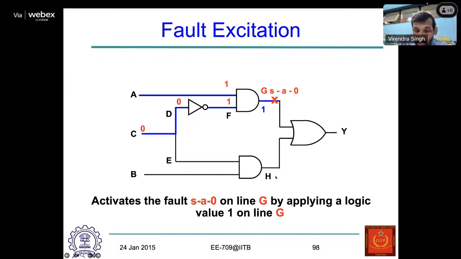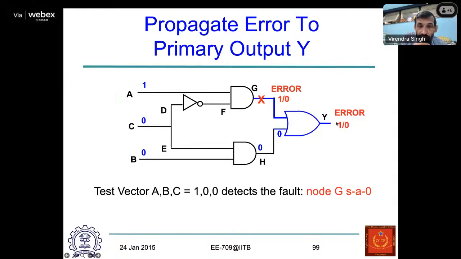H equal to 0 I can only get if C is equal to 0. At the moment C is equal to 0, H would be equal to 0, and then the fault effect that I am getting at G will move to Y.